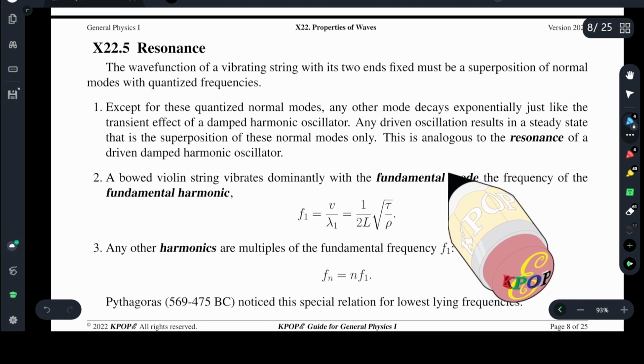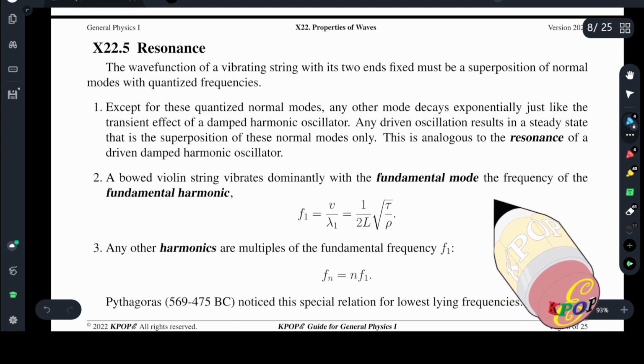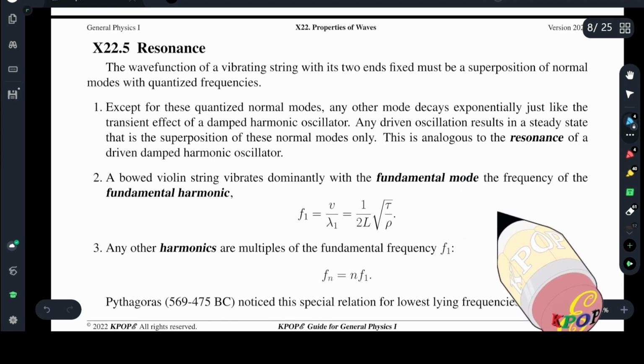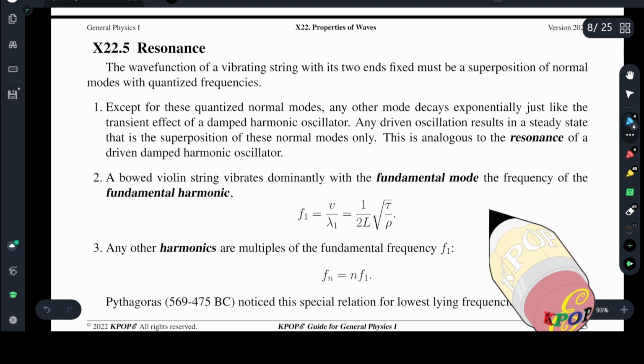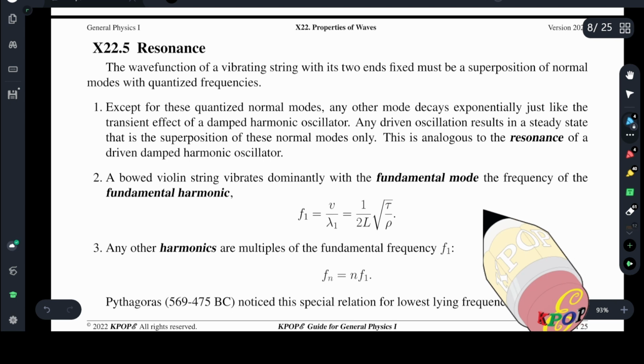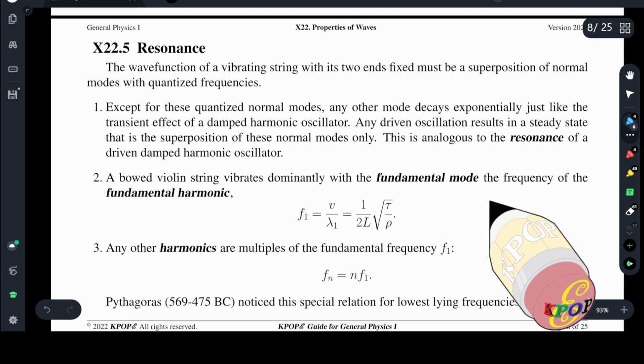Resonance: we have studied in the previous class that a wave can be understood as a collection of many harmonic oscillators that are weakly coupled. The resultant wave is a linear combination of many normal modes, and each normal mode has a frequency.